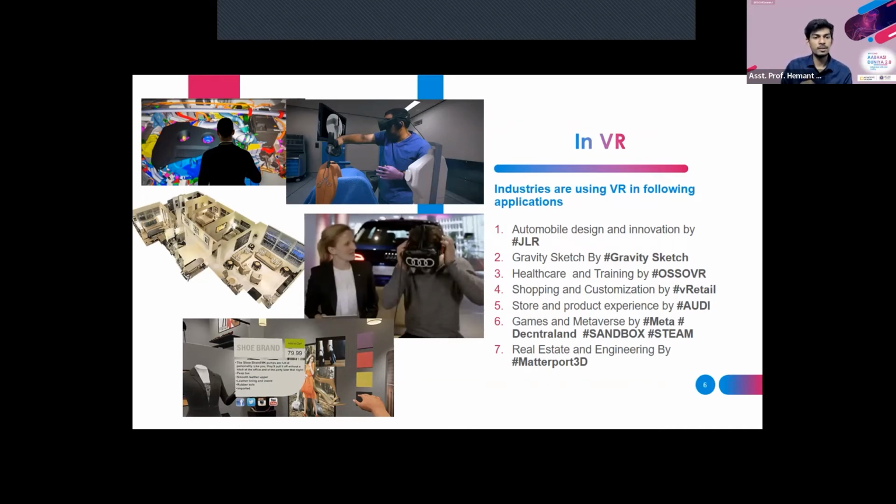So in the first image, you can see the automobile design and innovation done by a company called JLR, right? So imagine there is an engine and you want to remotely access it and train on those things. These are complex things that an engineer has to know before he works in that factory, right? So they have created the automobile design and innovation system.